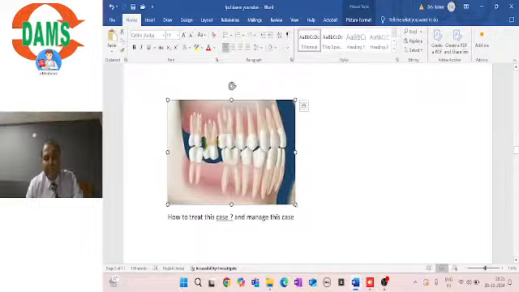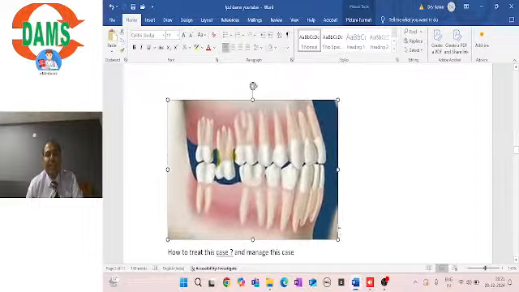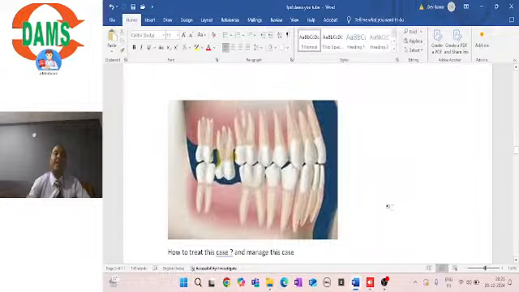If it is mentioned in the question that there is a mild extrusion, we can just do enameloplasty and go ahead with replacing it by either a lower FPD or an implant.